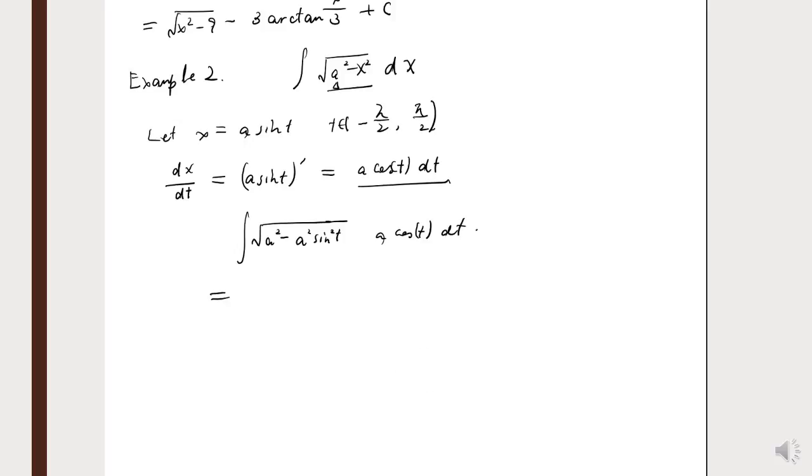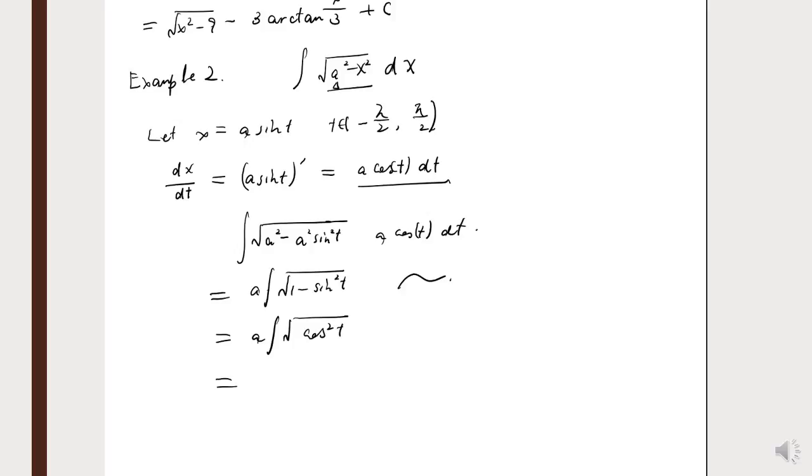So let's extract it. We can extract A out first because A is nothing but a constant. The remaining will be the same. So we have 1 minus sine squared t equals cosine squared t, right?